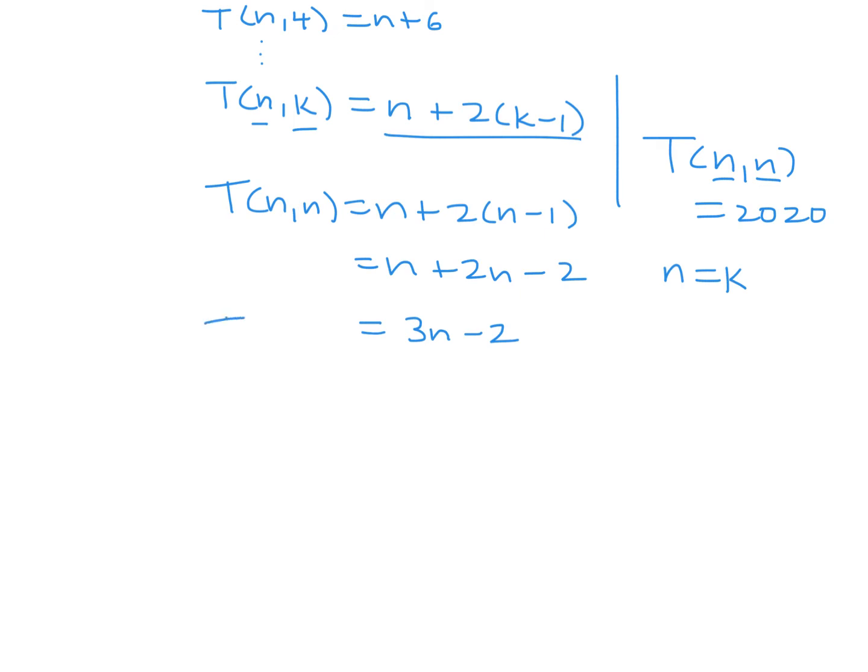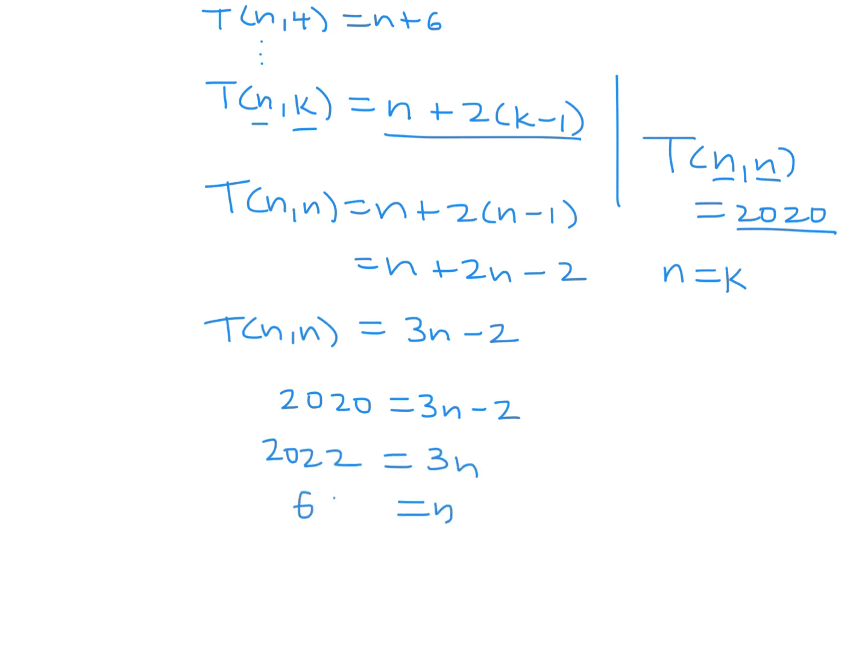Correct? And that's Tnn. And then we're told that's 2020. Okay, so plug it in. 2020 is 3n minus 2. So this becomes 2022 is equal to 3n. And therefore n would be 674, I believe. Yeah. And that pretty much solves that question.